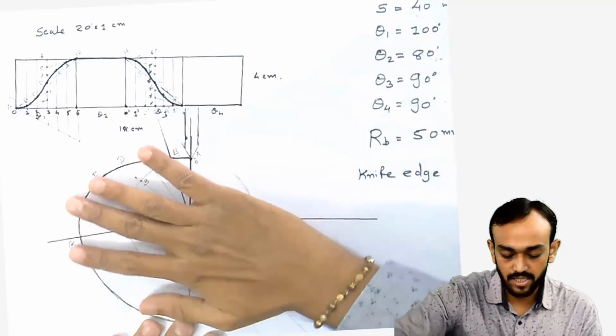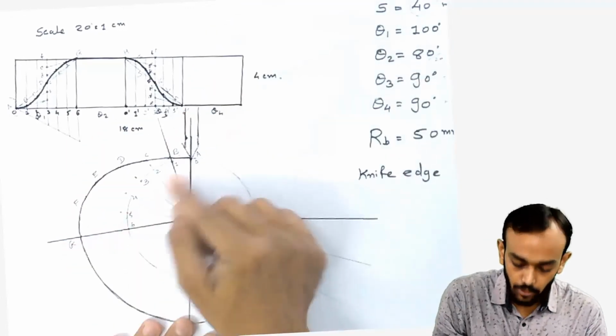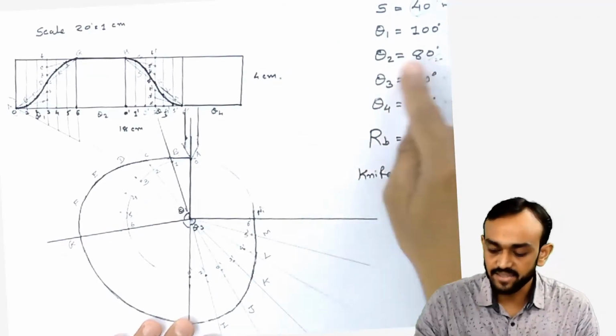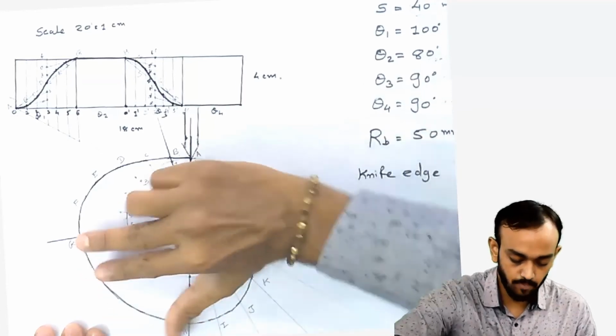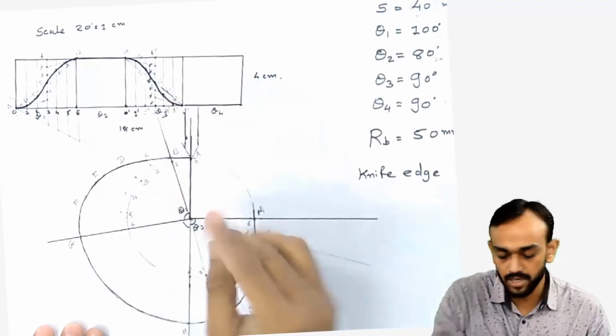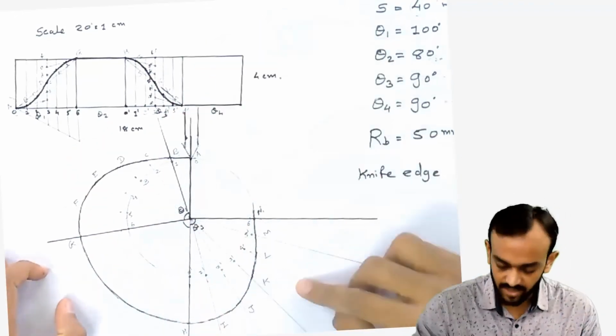So when this cam is rotating, the follower will move upward 40 mm during this 100 degree rise angle. Now what will happen? In the next 80 degrees, our follower will be touching here, moving along this part, so the follower will be in a steady condition, and then the return angle.